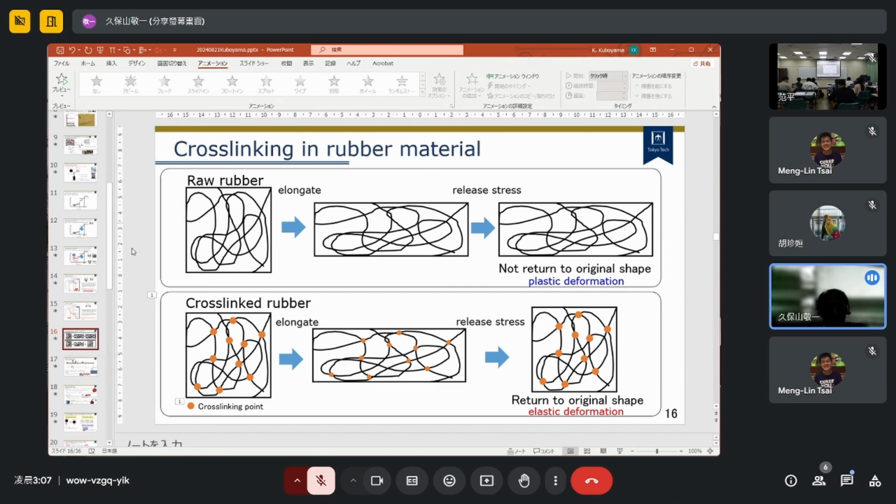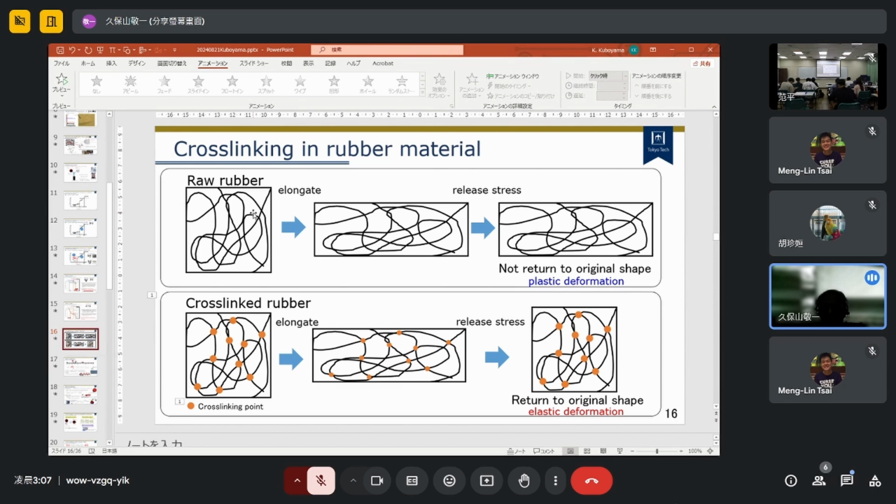So normally the rubbery state polymer is like this. We call that one a raw rubber, which has an amorphous structure. And when you elongate the sample, for example, please imagine chewing gum.